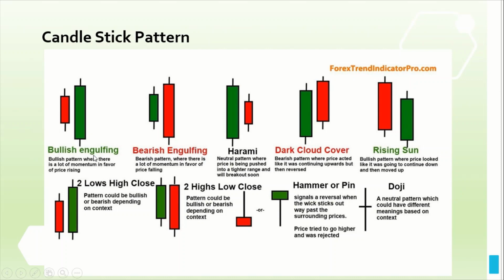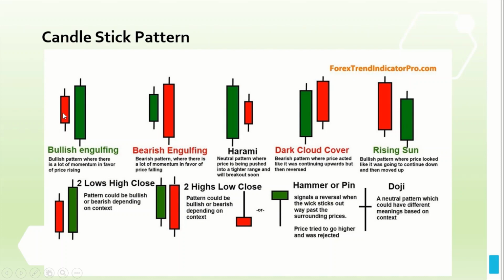Okay? So ito, ang tawag dito is bullish engulfing. Kung makikita ninyo, this is a red candlestick na na-overtake siya ng isang malaking white candlestick. Kumbaga, yun ang counterpart nitong green candlestick na to.